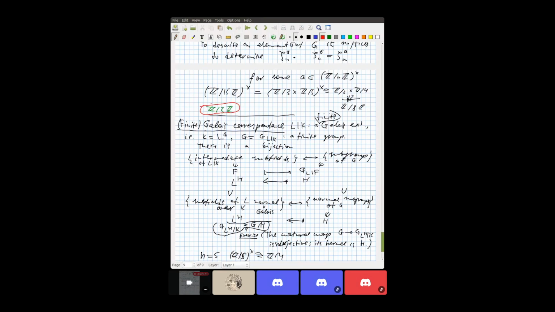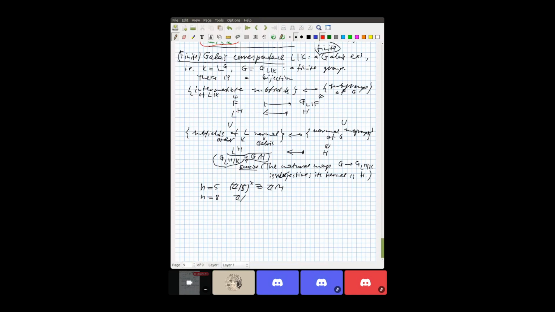Which can be n related. n is 6, for example? No, because Z mod 6 is the group of order 2. So it's not interesting.